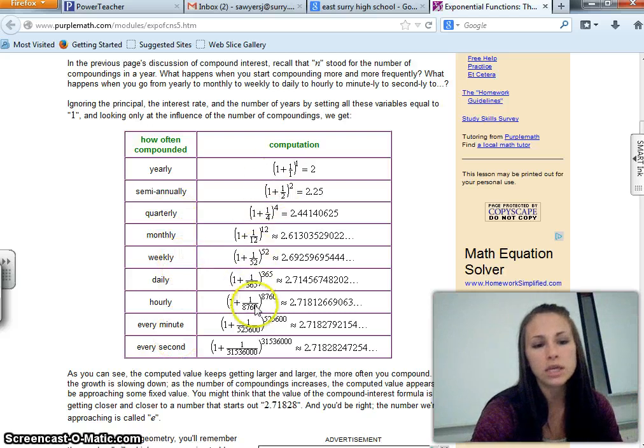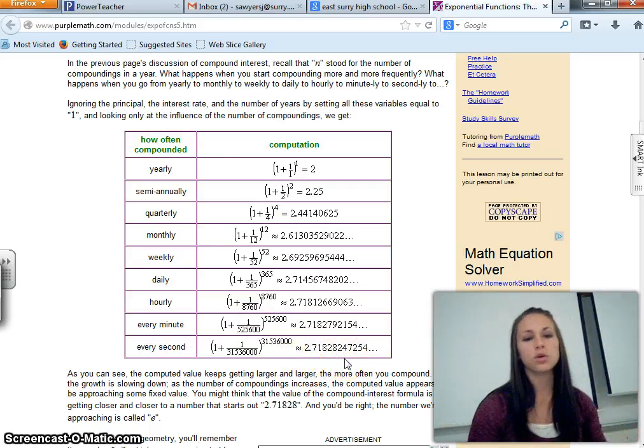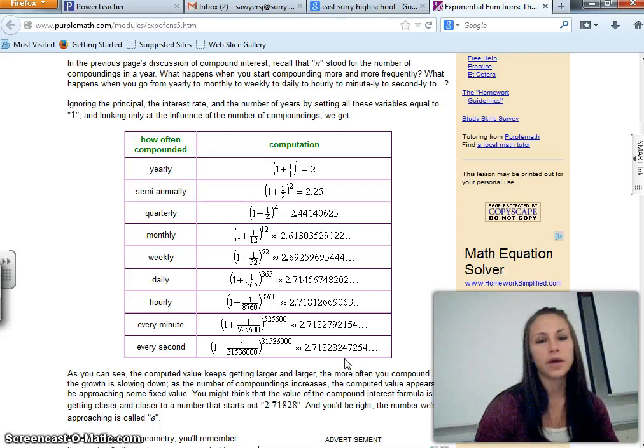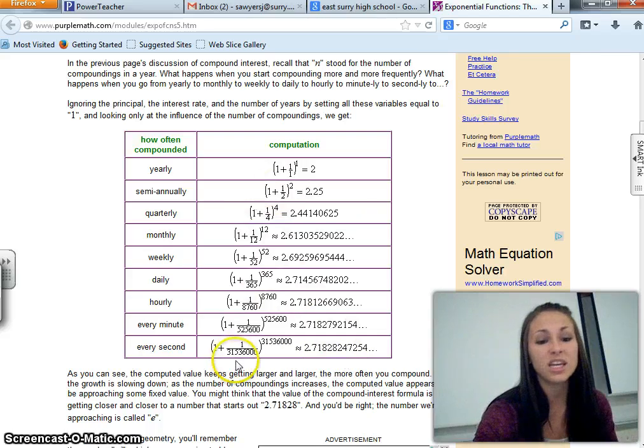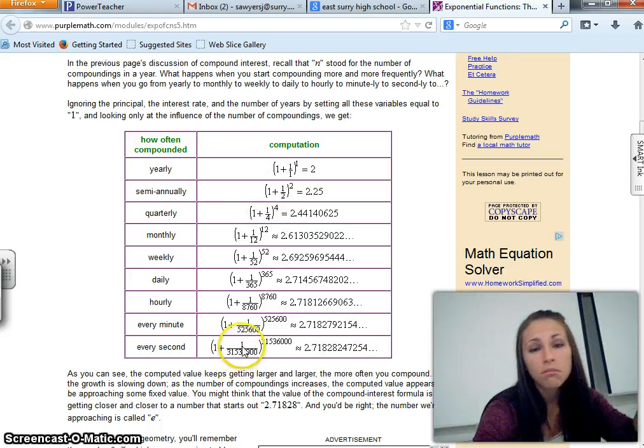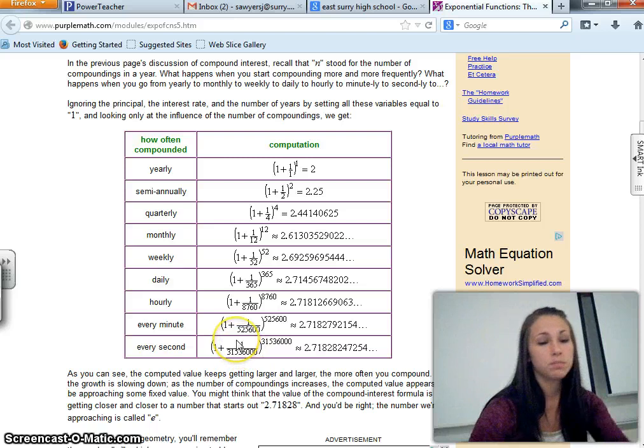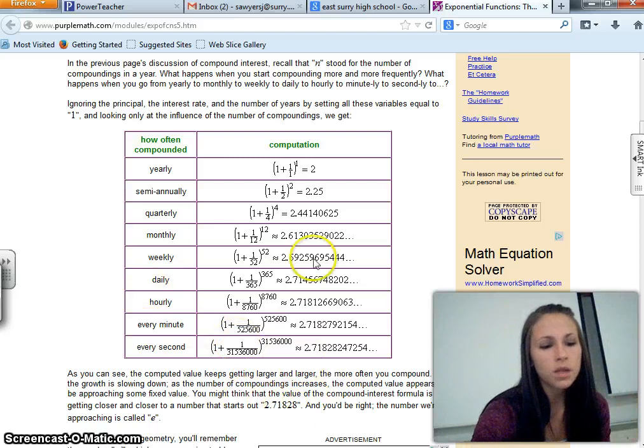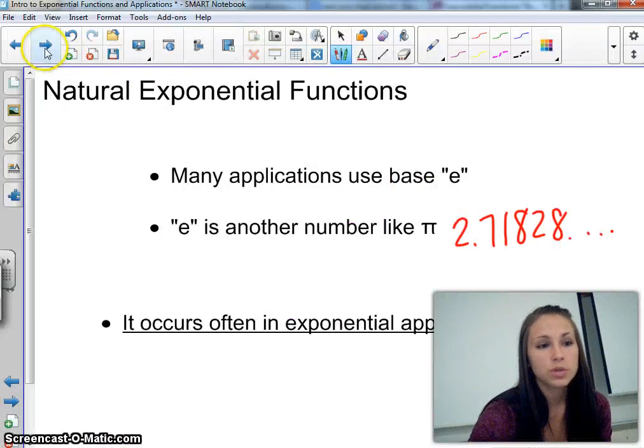And you can look and see what your base is getting close to. And guess what? It's 2.718282, and it goes on. I just think that's real neat how that happens. That's where that e comes from. It's not just a random number that's pulled out of the middle of nowhere. e actually represents something. So that's what you're going to use whenever you compound continuously.